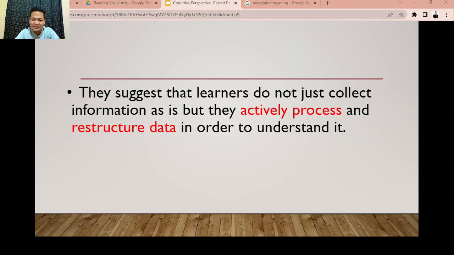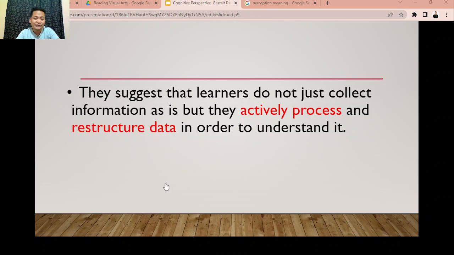So that means what he perceived from the presentation, from the slides, from what he listened to, he restructured the data. That means that he is an active learner. He does not just accept and absorb information, but he restructures data.